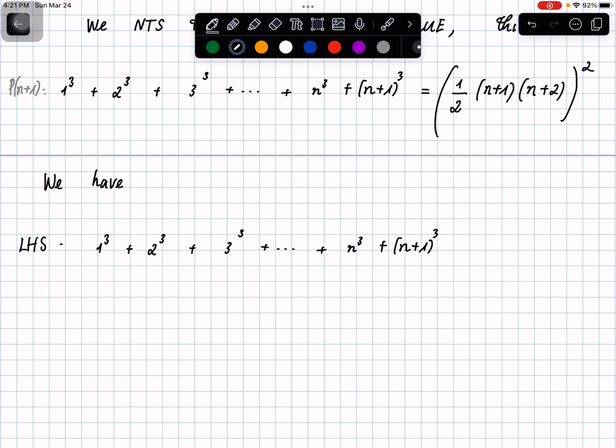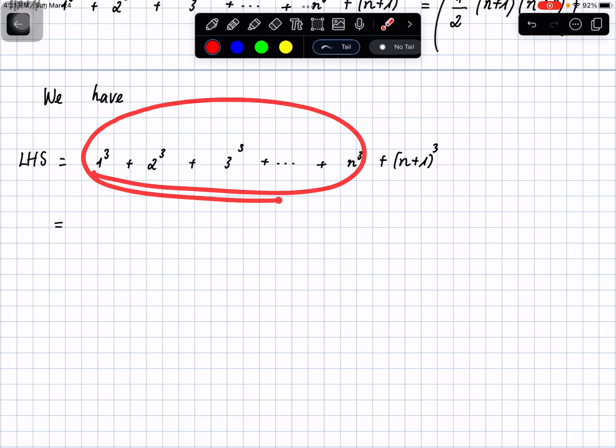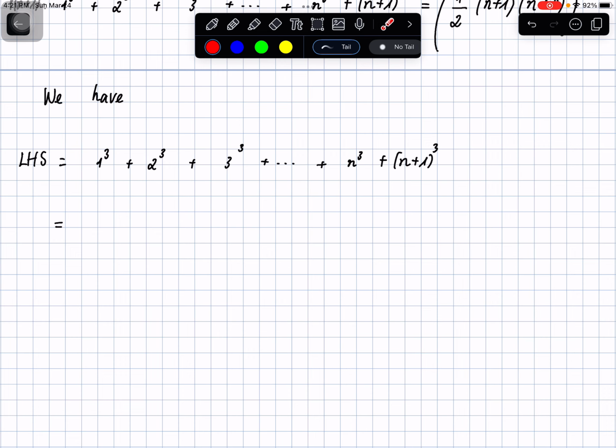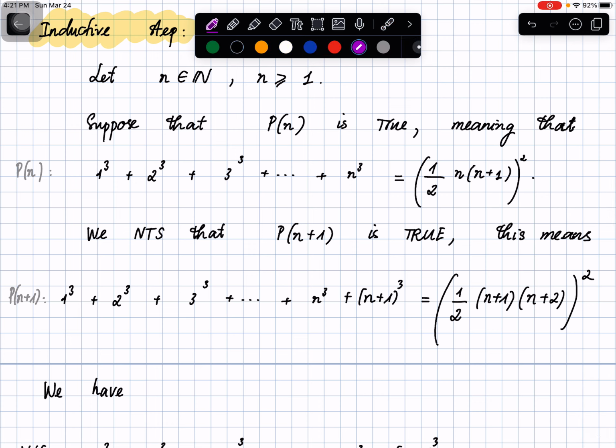The left hand side of p of n plus 1 is this. We know the value of the sum of the first n terms by the inductive hypothesis. So here we call it the inductive hypothesis.